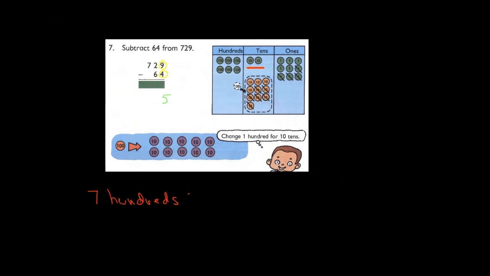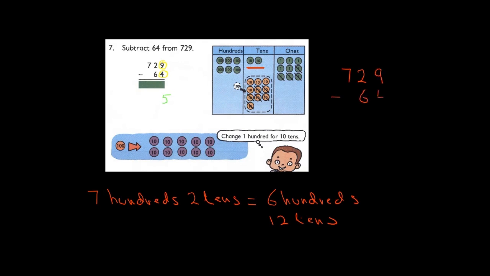and 2 tens, because that's what we had. We're going to reinterpret it as 600s and 12 tens. And that's what we are going to do when we subtract. We'll have 729 minus 64. We certainly could subtract 4 from 9, but now this is where the magic is coming in.